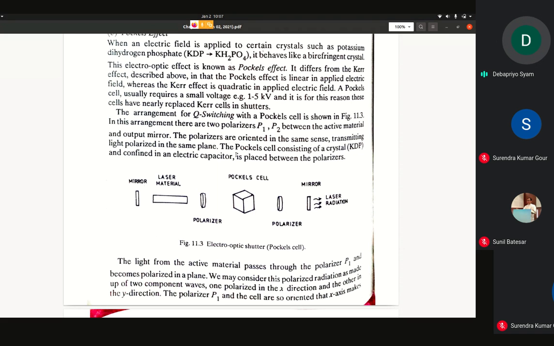Initially, if the polarization was vertical, then after passing through the focal cell, the polarization becomes horizontal. This I have shown in the hand-drawn diagram, but you can refer to it later.